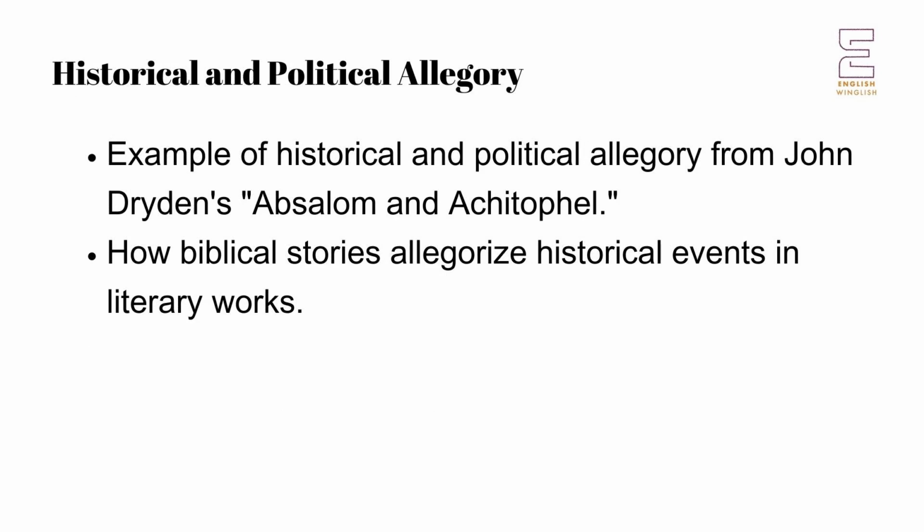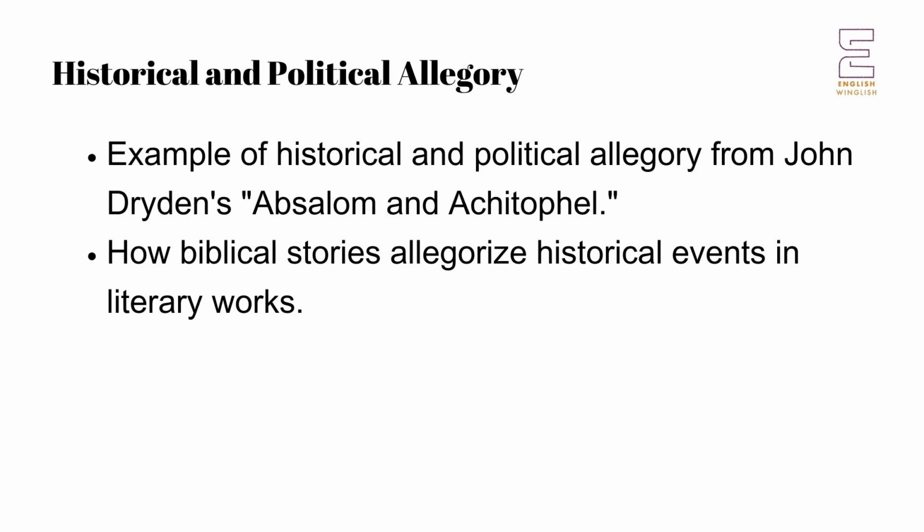Historical and political allegory. An excellent example of historical and political allegory can be found in John Dryden's Absalom and Ahithophel. In this work, King David is used to symbolize King Charles II, while Absalom represents Charles's natural son, the Duke of Monmouth.